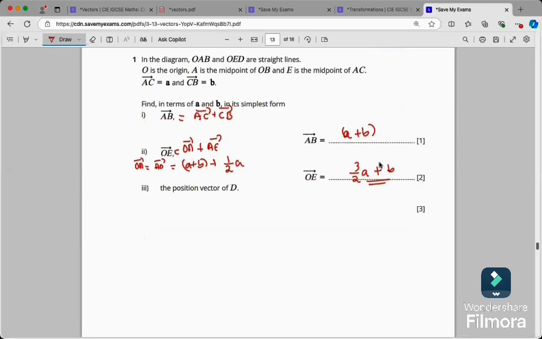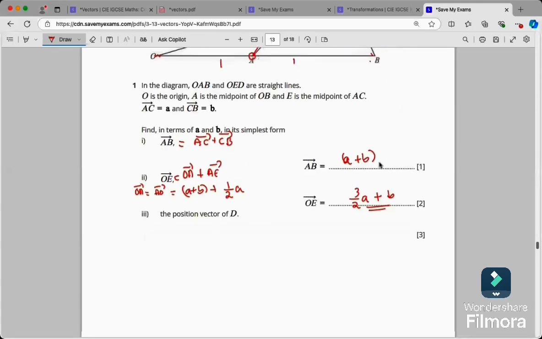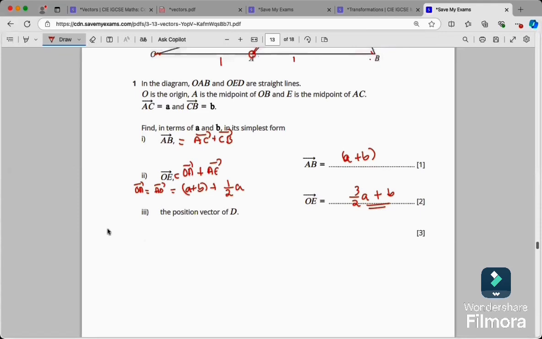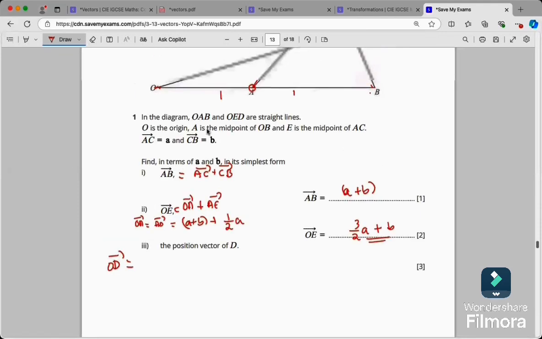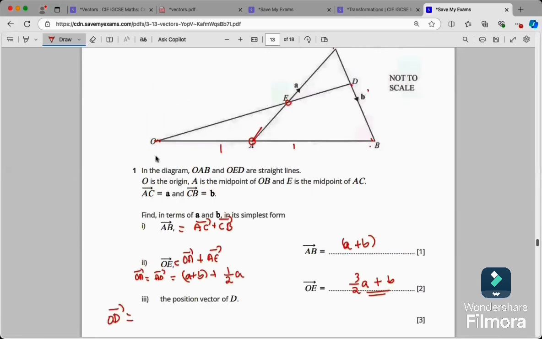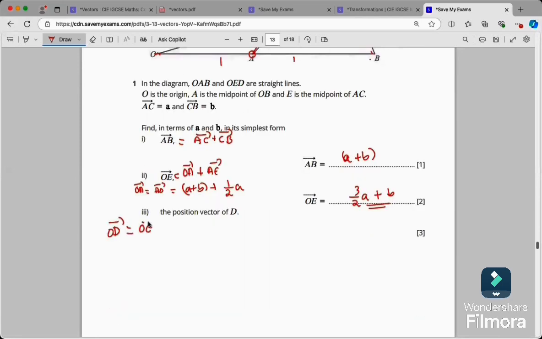So the part 3, the position vector of D, right? We can get the position vector of D by writing OD as O to E and E to D, right? So we can take it as O to E plus E to D. O to E we already found in the previous step. So our job is to find the ED first.